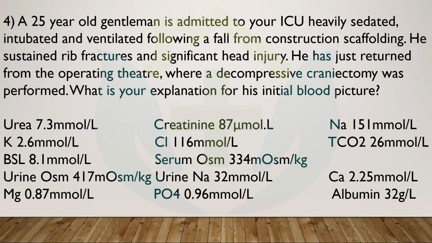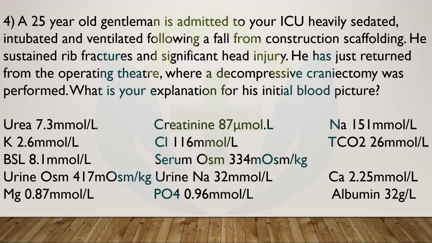So next we'll move on forward. This is a 25-year-old gentleman admitted to the ICU, heavily sedated, intubated, ventilated, following a fall from a construction scaffolding. He sustained rib fracture, significant head injury, and returned from operating theatre after decompressive craniotomy was performed. What is your explanation for this initial blood picture? A bit of a tough one, but let's see if you can get this.